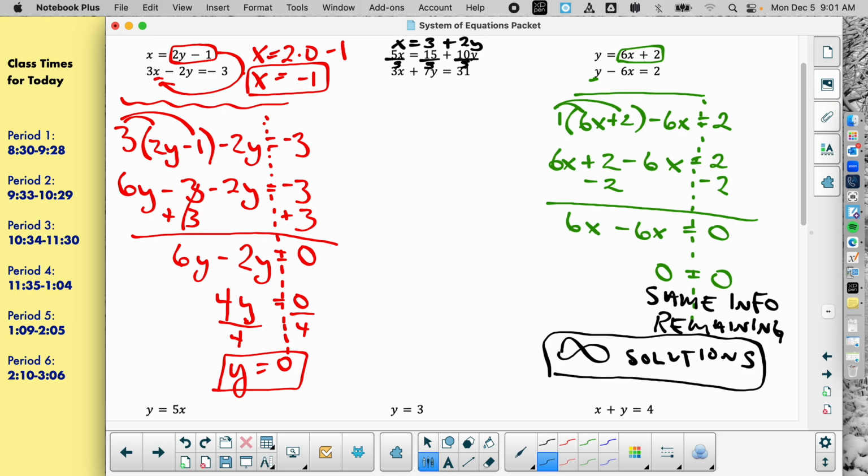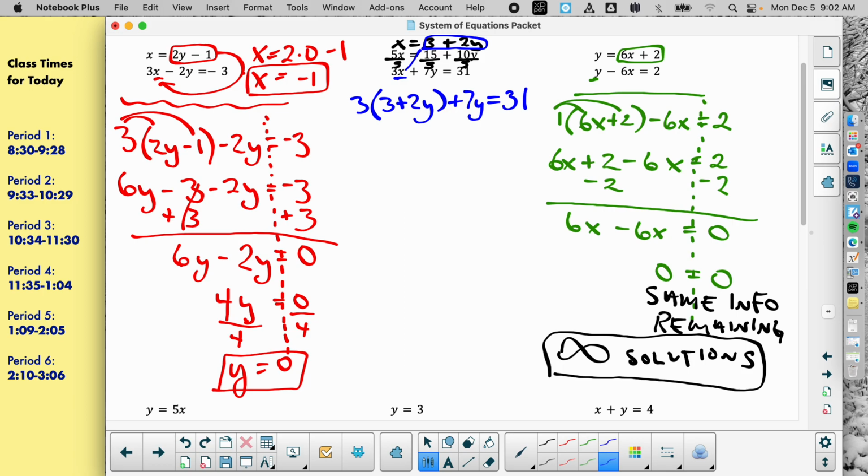Do you feel like you could help me start this one? Yeah, you're absolutely correct. Very good. So you're going to put that in place of x, plus 7y equals 31. Very good.